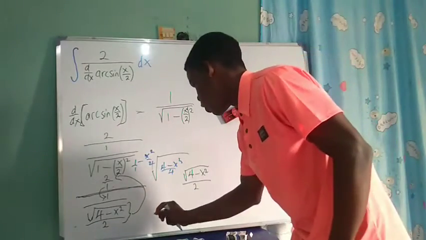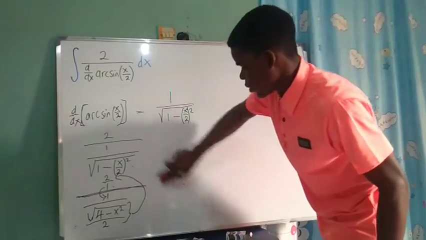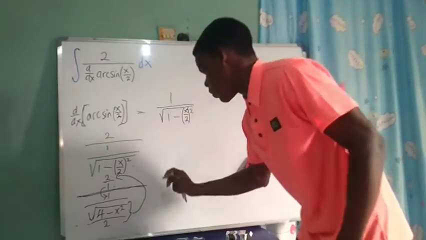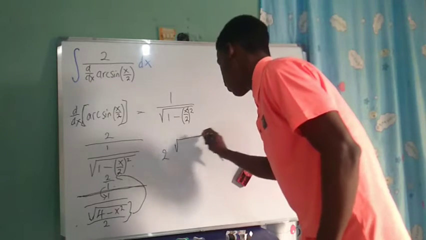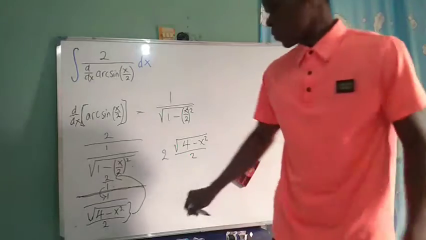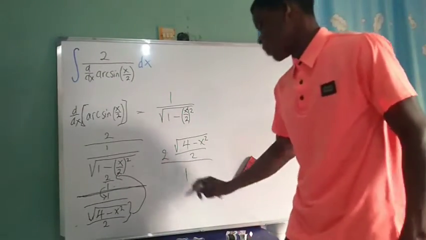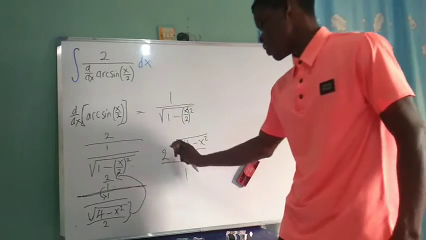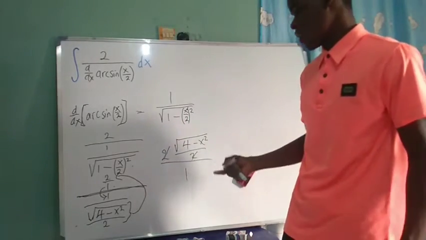We have it to be 2 times square root of 4 minus x squared over 2. This comes up here, all divided by 1. So this and this just go up to 1, and the product of 1 with any number doesn't change that number.